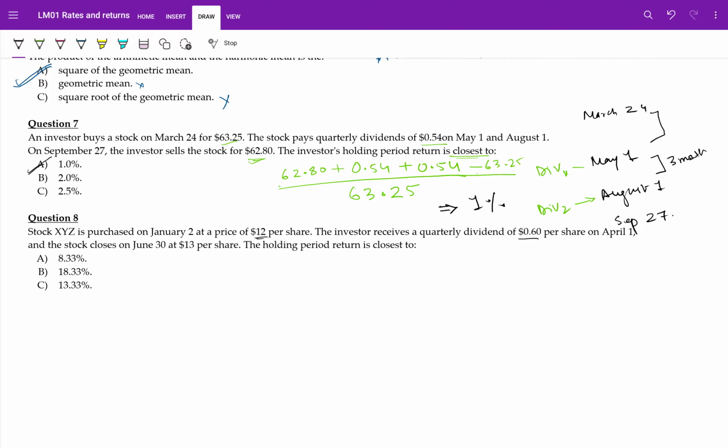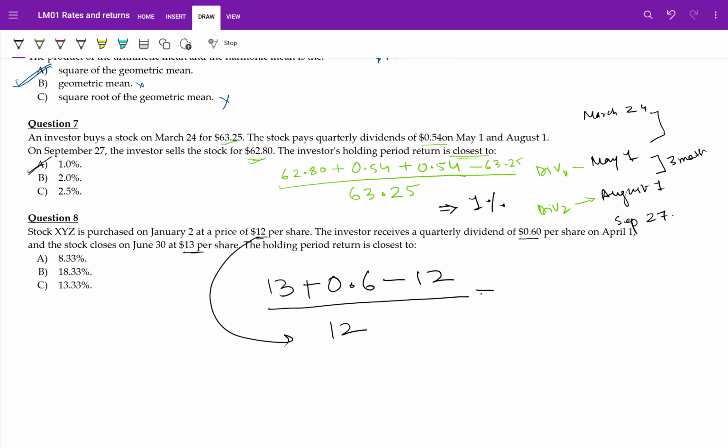Again, we have all the relevant information. 13 is the ending price. We add back any dividend we have received. We subtract 12 out of it. And then we divide it by the beginning price.